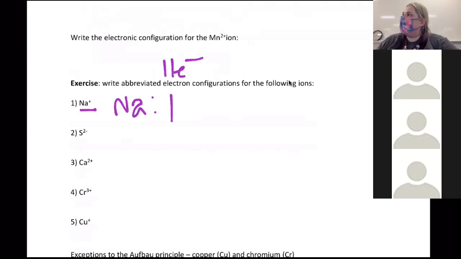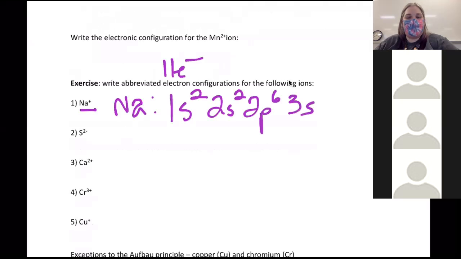So it would be 1s2, 2s2, 2p6, and that gets me to 10. And then after 2p comes 3s, and since I only need to get to 11, it would end with 3s1. So this is the configuration for the neutral atom of sodium. When it has this +1 charge, remember, positive ions mean they have lost electrons.